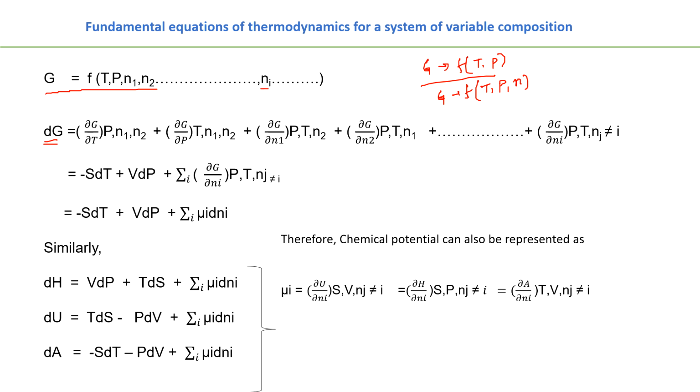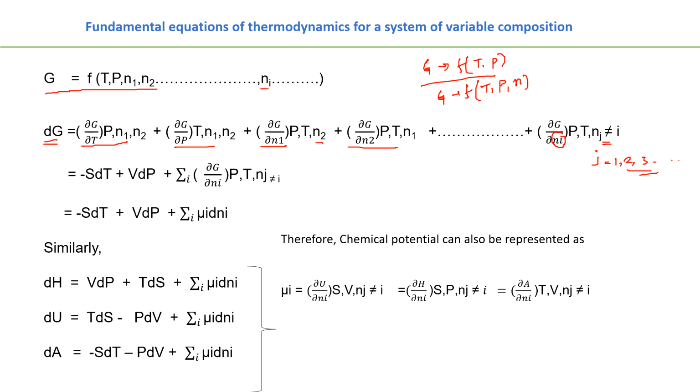Therefore, we can write del G del T at constant P, N1, N2, del G del P at constant T, N1, N2, del G del N1 at constant P, T, N2, del G del N2 at P, T, N1, and finally del G del Ni, where Ni is the number of moles of the ith species, at constant T, P, Nj, where Nj, this is important, j is not equal to i, and j is like 1, 2, 3.